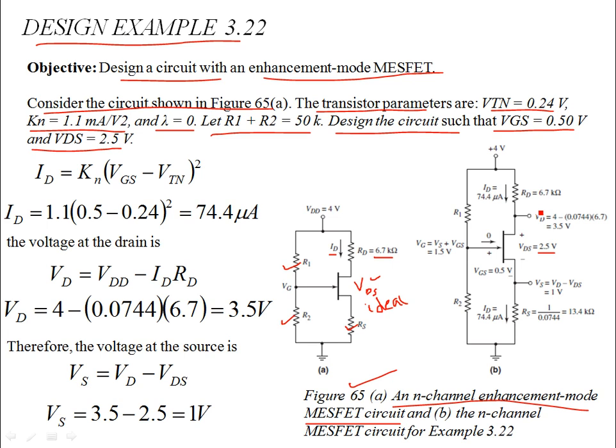To start with, the analysis of MESFETs, JFETs, and MOSFETs, the DC analysis is very similar. In all these transistors and their biasing circuits, you have to start with an assumption whether the transistor is in saturation or non-saturation.